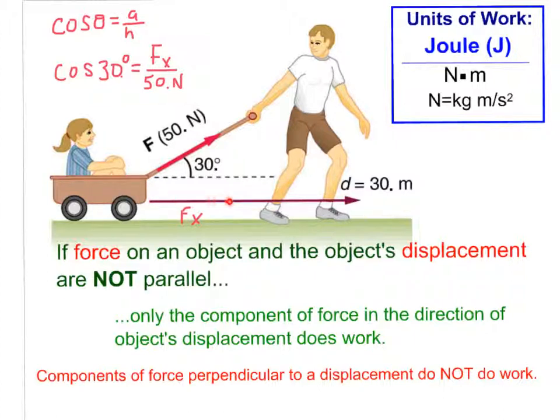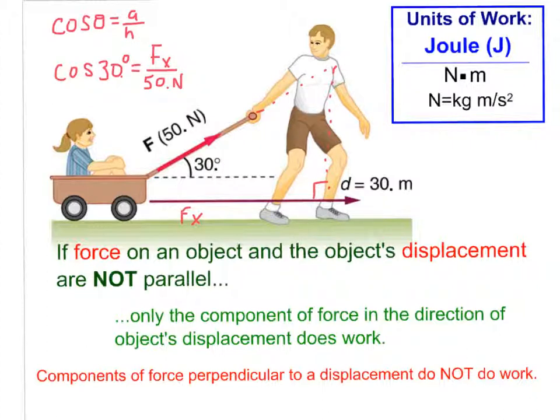I went ahead and labeled the x component of the force. This is the force in the x direction because this is the direction in which the displacement is occurring. So we would like to find the x component of that force. Label this f sub x, and that'll be our right angle right there.